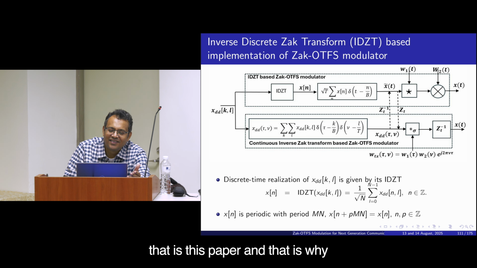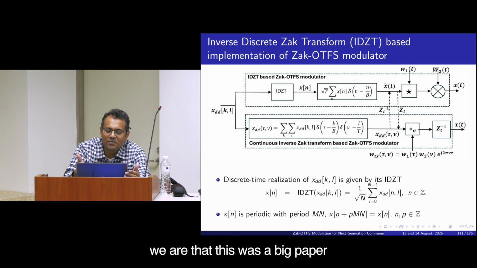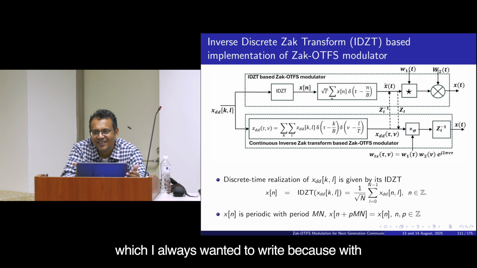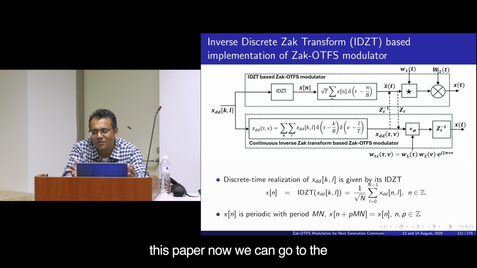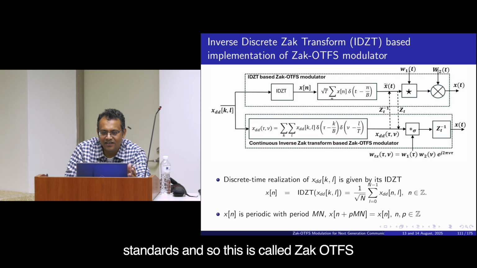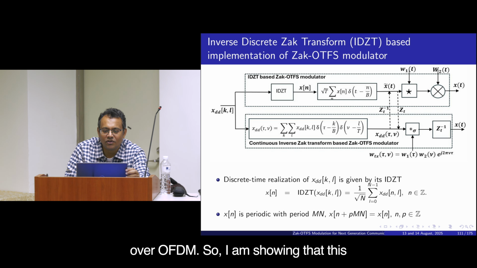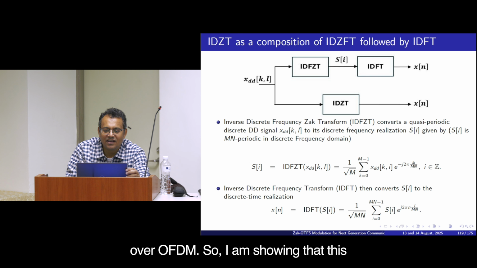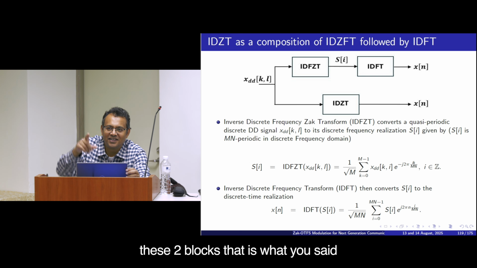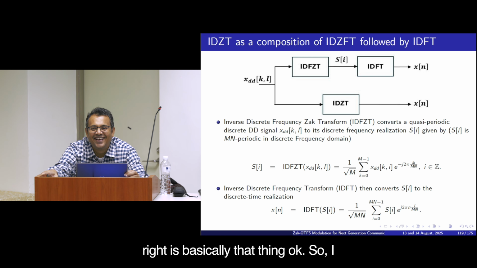That is this paper. This was a big paper which I always wanted to write, because with this paper now we can go to the standards, and so this is called Zak-OTFS over OFDM. So I am showing that this IDZT can be written as a composition of these two blocks. That is what you said. Right? It's basically that thing.